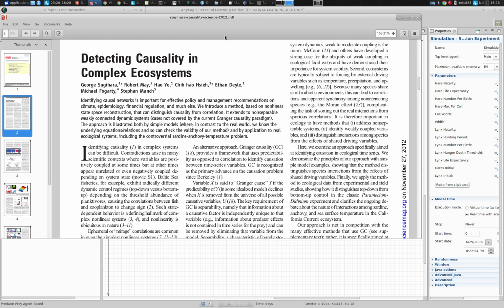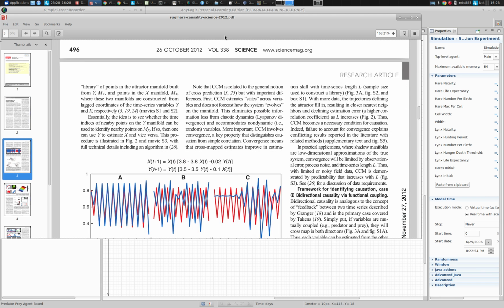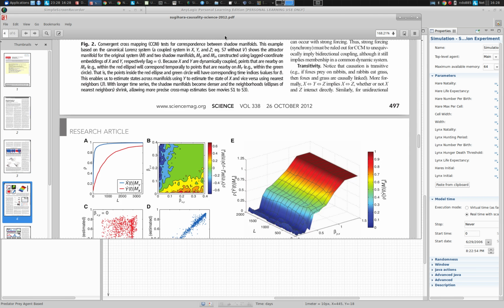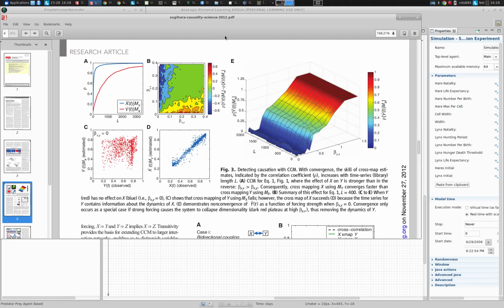Sugihara's paper is quite interesting, but it's also practical. He demonstrates the efficacy of this technique across multiple types of systems and practical applications of it using time series that are no longer than dozens of time points long.